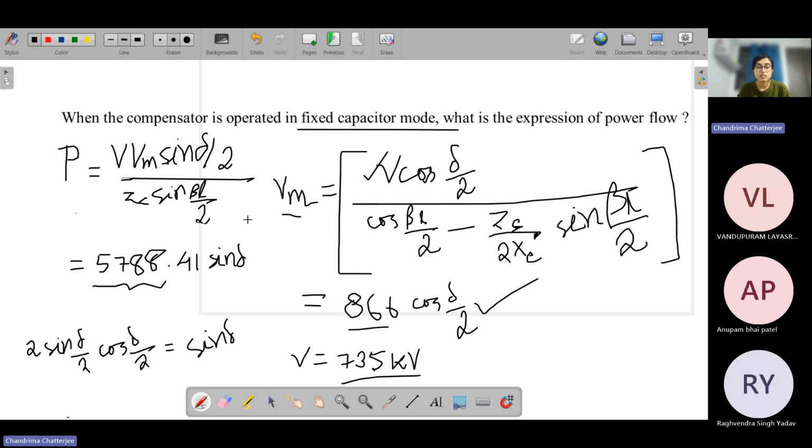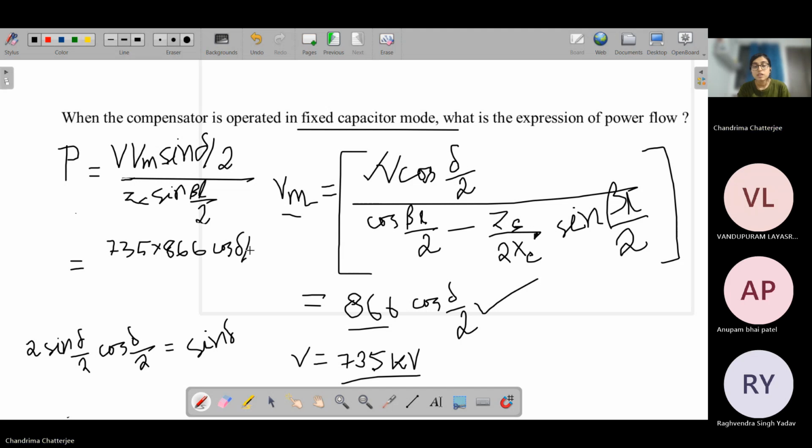So see, here in the numerator we have 735 multiplied by 866 cos delta by 2, and already there is a sin delta by 2, right?